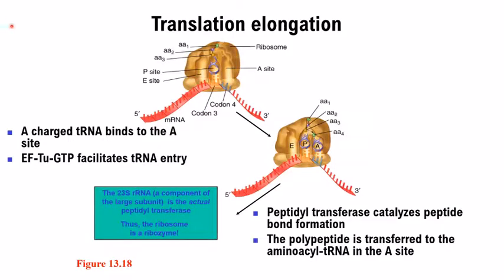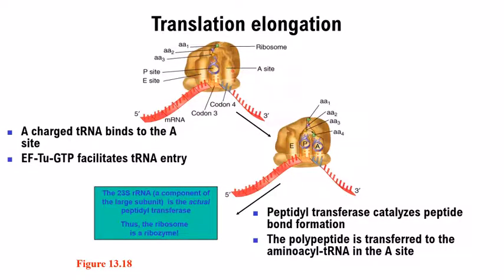In the next step, that is translation elongation, the codons beyond the start codon are read one by one by various tRNA molecules. These amino acid tRNAs with their attached amino acids are brought and loaded at the A site on this ribosome.